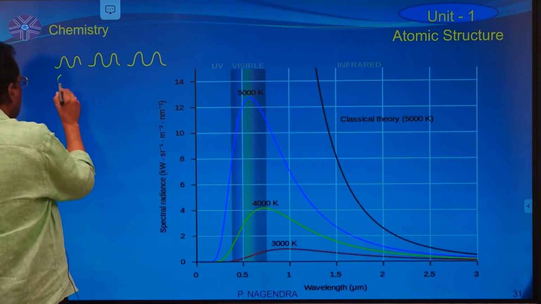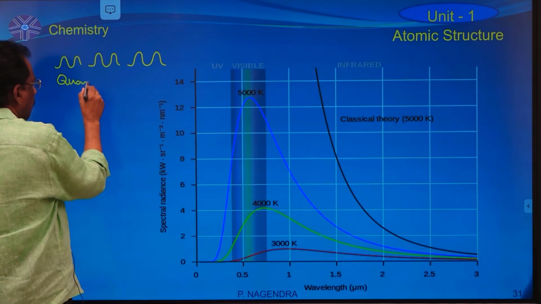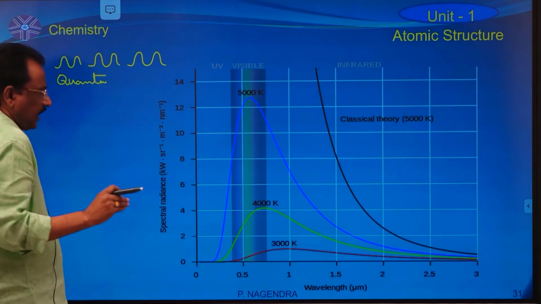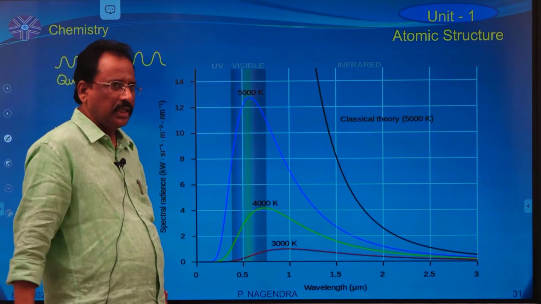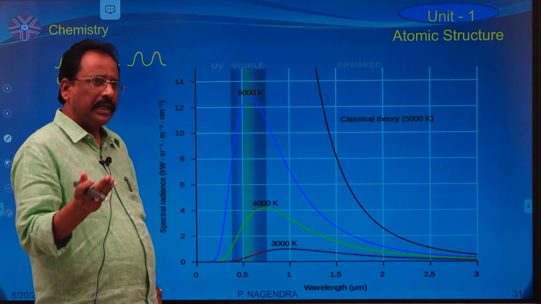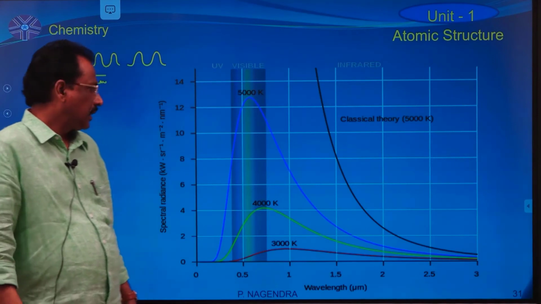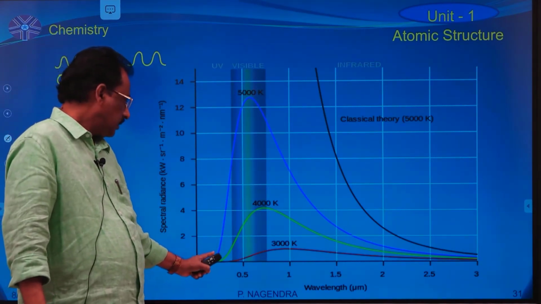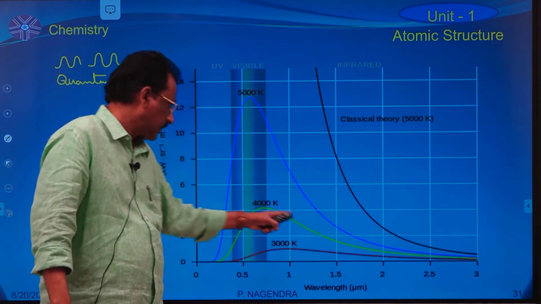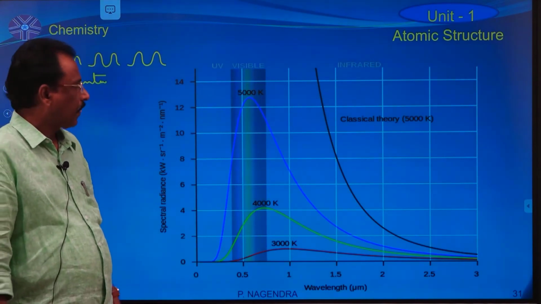Each bundle is known as a quantum. A very important assumption in this theory is that a black body can emit or absorb the radiation discontinuously. That's why this peak is obtained like this in this graph.